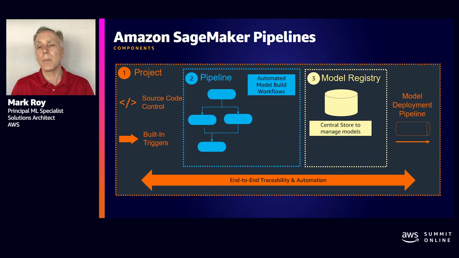The third major component is that model registry, which works across multiple projects and pipelines, letting you have a central place to store and manage models and model versions. And this service gives you that end-to-end traceability and the full automation that's needed to speed up your ML projects at scale.